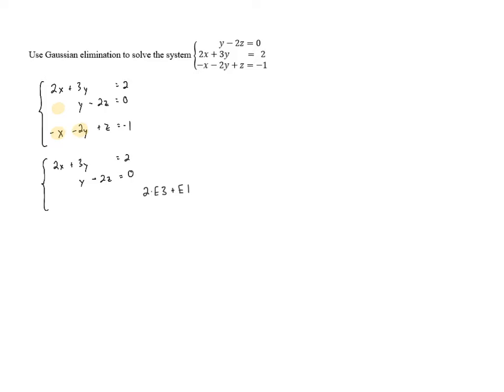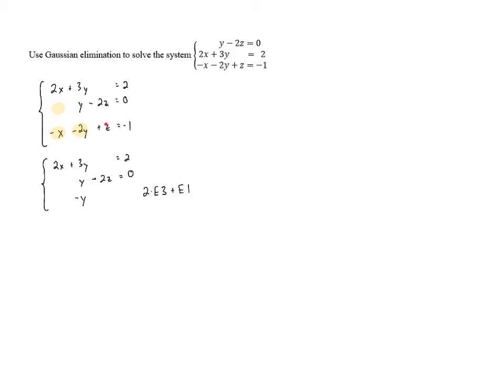When we do that, this gives us negative 2x plus 2x, which is 0. That goes away. And then here we've got negative 4y, because remember we're multiplying this by 2. Negative 4y plus 3y gives us negative y.